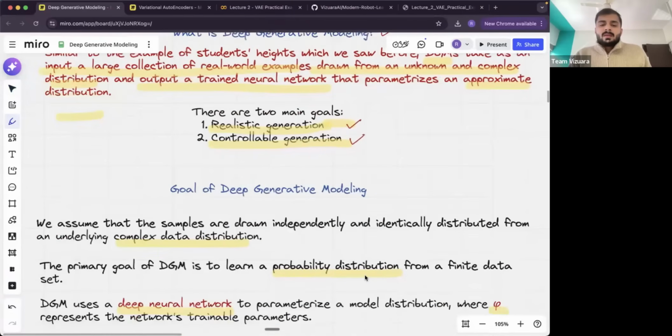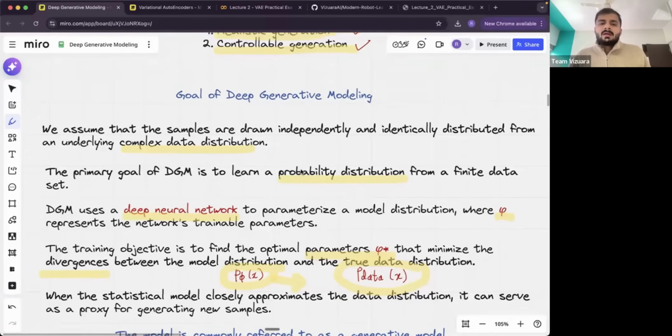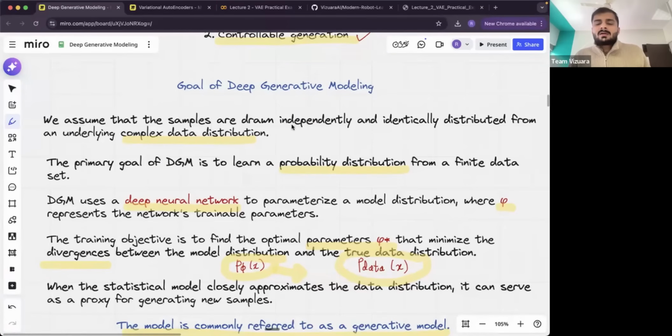Okay, so now some assumptions before we move ahead. We assume that the samples are drawn independently and identically distributed from an underlying complex data distribution. And in fact, this is a requirement even for supervised learning. Let's try to understand this a bit better.